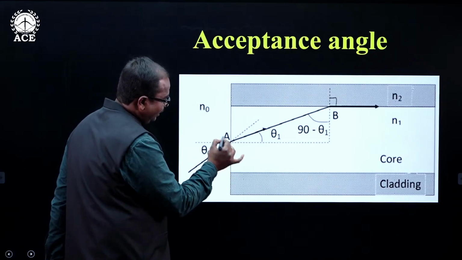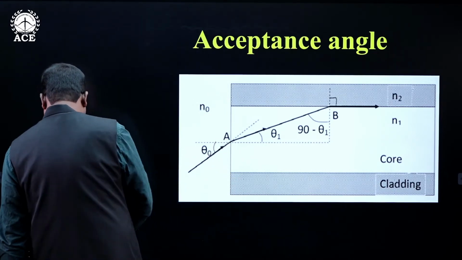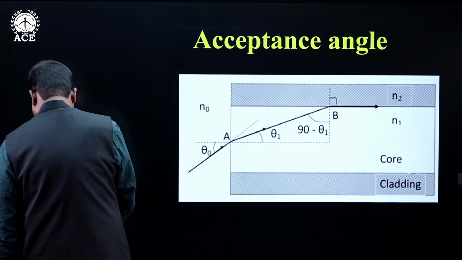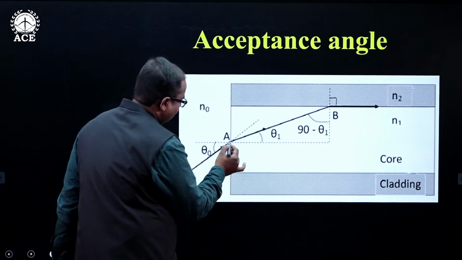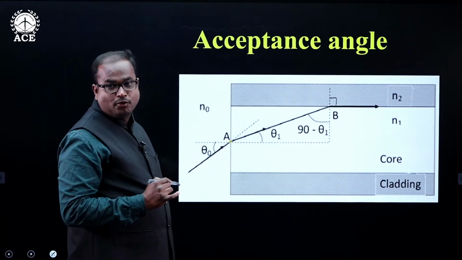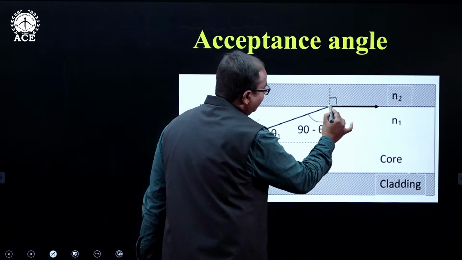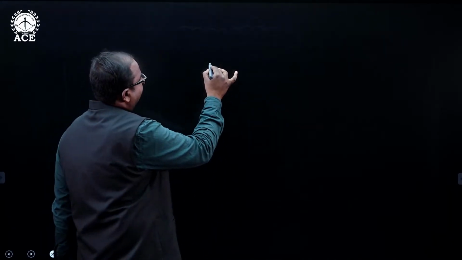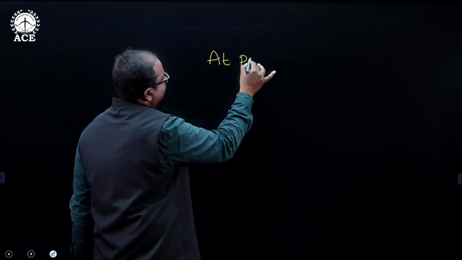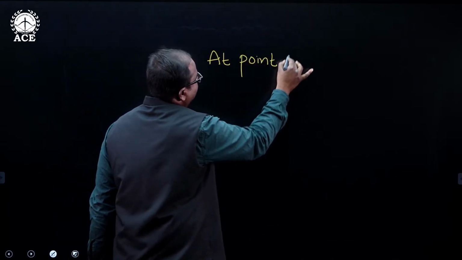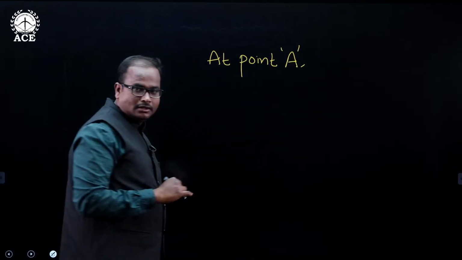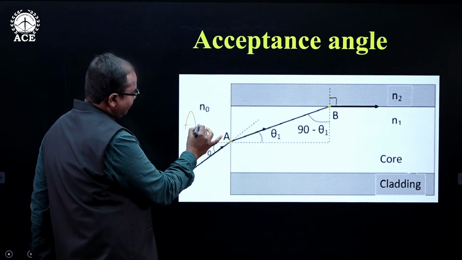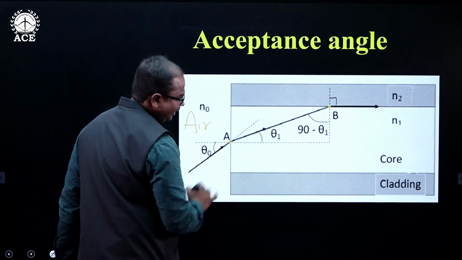So at point A, I am going to apply Snell's law. At point B also, I am going to apply Snell's law. At point A, you can observe that the light is going from air to core medium.